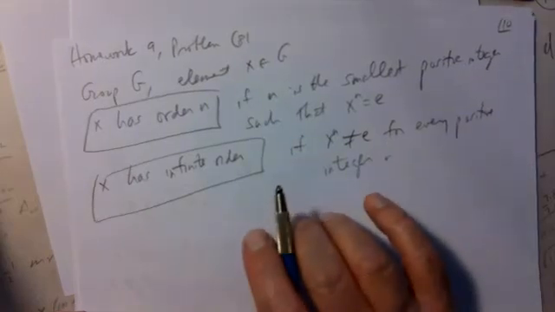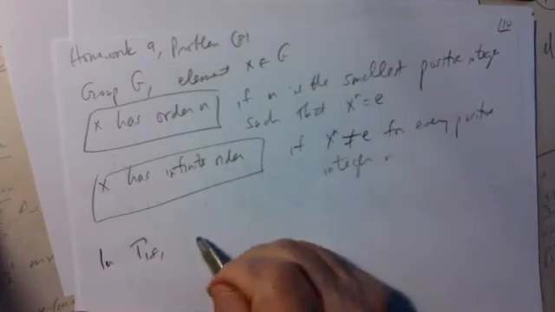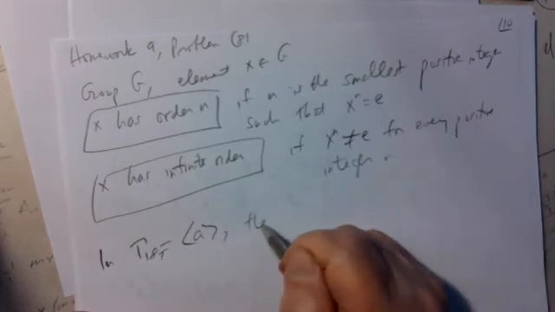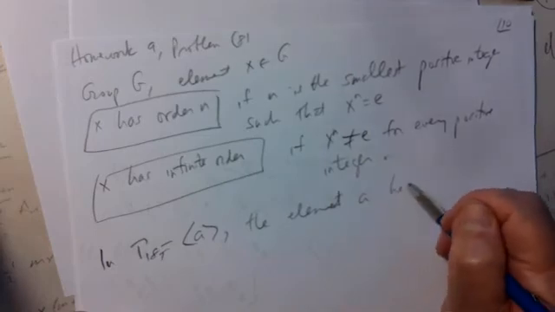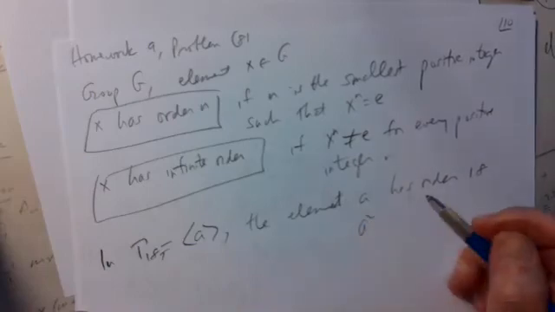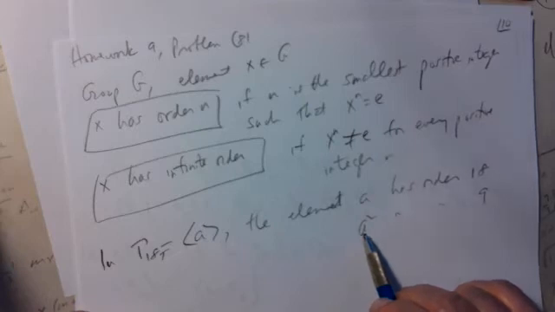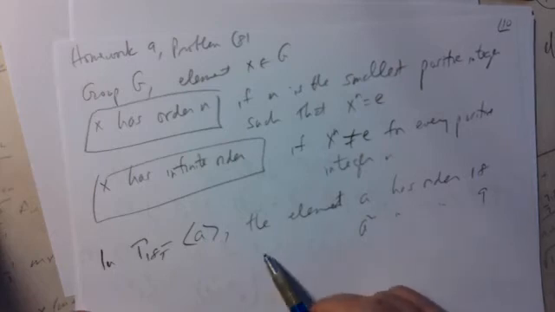So for example, in the cyclic group gamma 18, generated by A, the element A has order 18. 18 is the smallest power of A which is the identity. A squared has order 9, because if you take A squared and raise it to the 9th power, you get A to the 18, and no smaller power gives the identity.